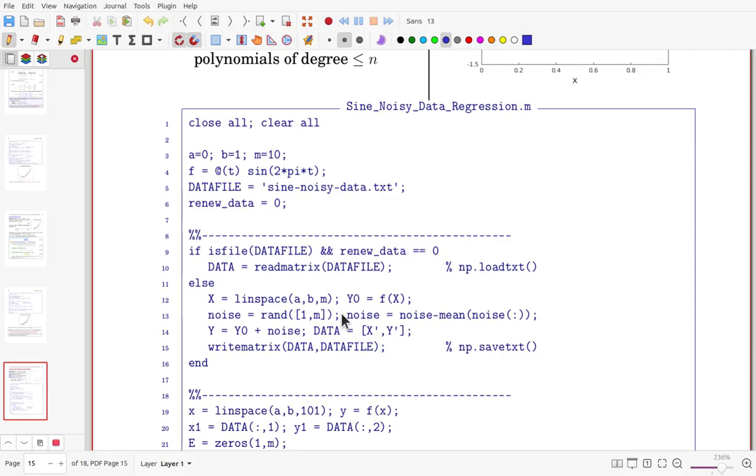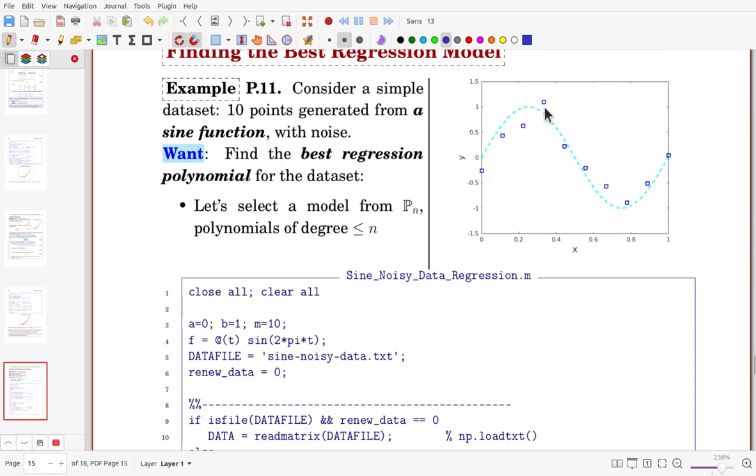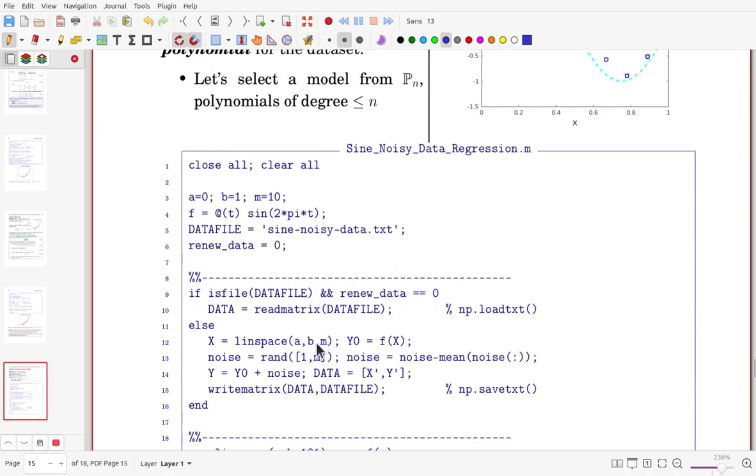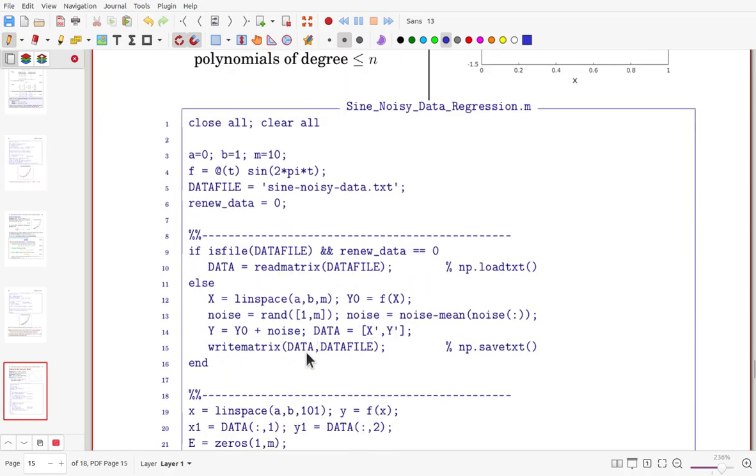Otherwise, the x and y values are made from the function, and then by using random noise, they are perturbed, so these data points are made through one execution of that, and after making it, it is saved.